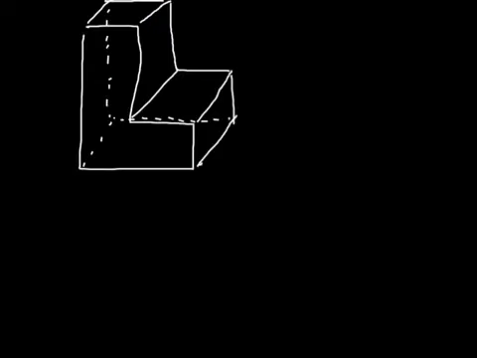The same idea applies to composite shapes. If you can figure out the surface area for the face, then all you need to do is times it by the perpendicular height, the depth, and you've got your volume. Let's have a go at this one. Let's make this 8, 6, 5 there.